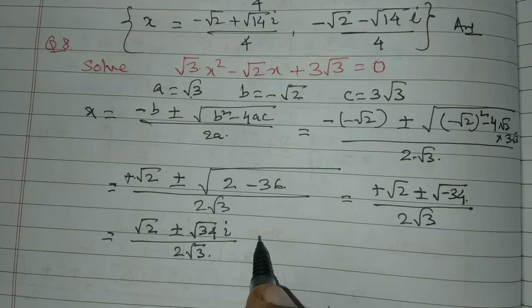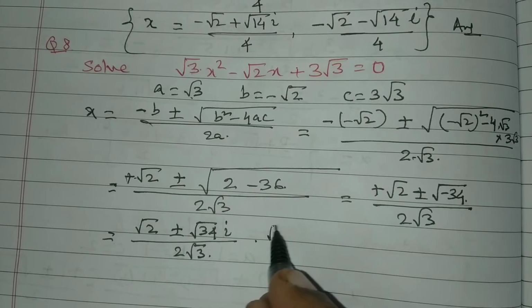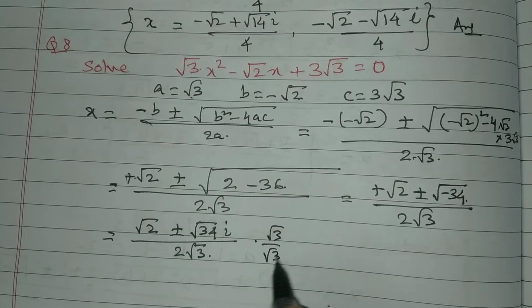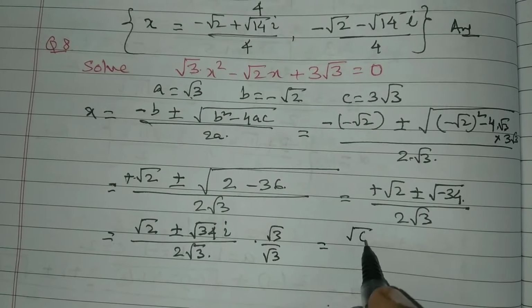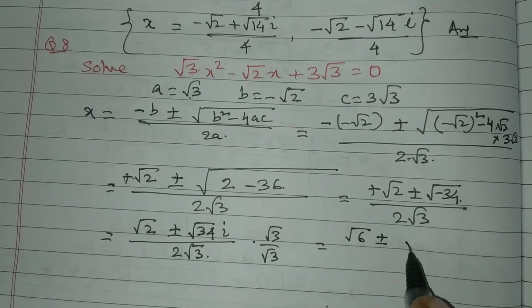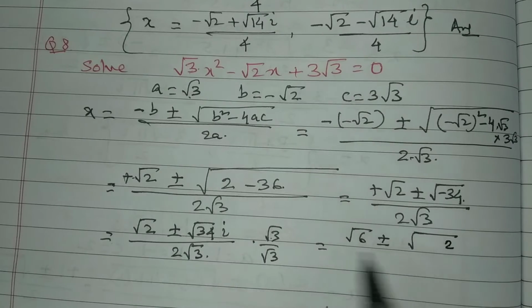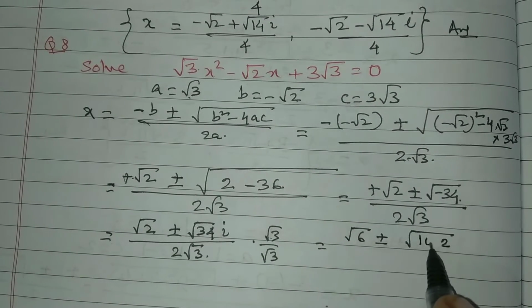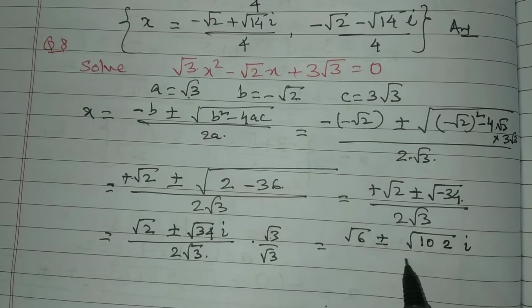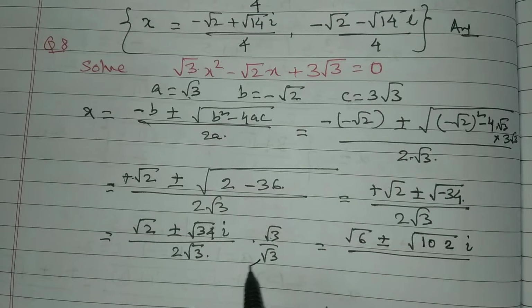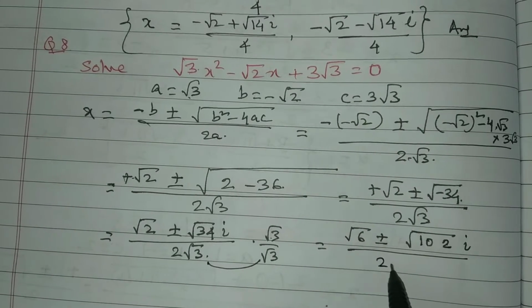So here if you will rationalize it by multiplying by root 3, it is root 6 plus minus root 34 into 3, that is 102, i, divided by here, this is 3, so 2 into 3.